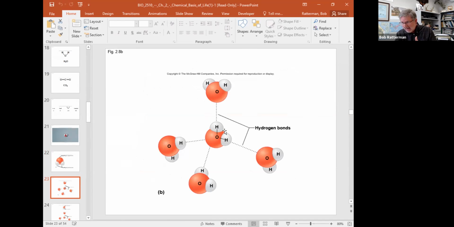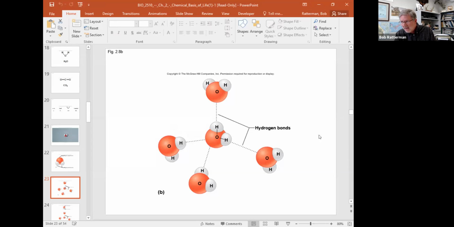If that is created, which it is, then you can see how there could be an attraction between the slight negative charge of one water and the slight positive charge of an adjacent water, and that's what the hydrogen bonds here are denoting. These are weak bonds, much weaker than covalent or ionic, but nonetheless, they are important bonds.